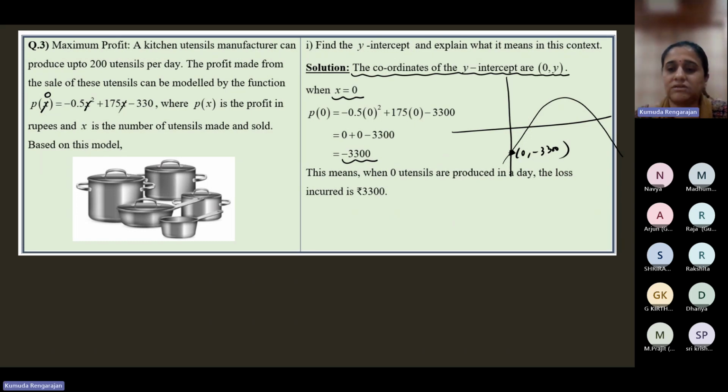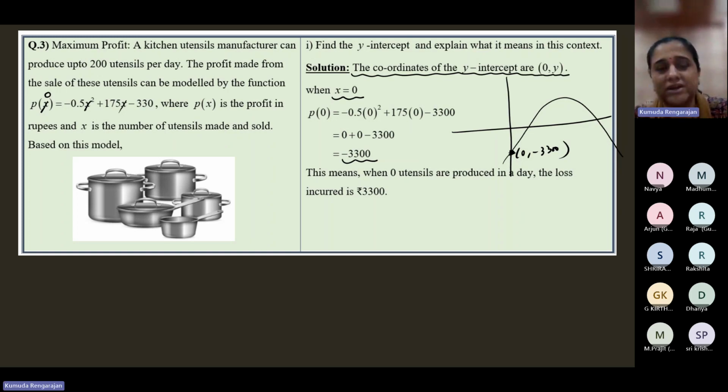See here, when you make the graph, along the x-axis you will be showing the number of utensils made and sold, because we always define the x-axis and y-axis. Along the y-axis, we will get the corresponding profit or loss.